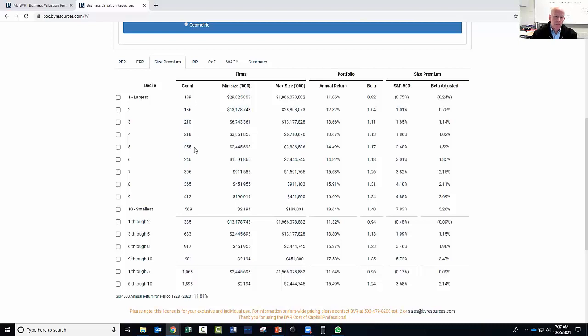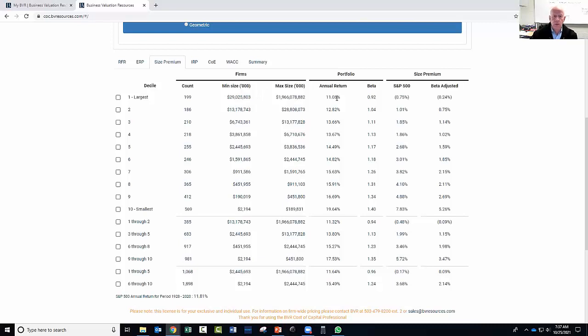This tells us the number of companies in the sampling, so the count, and then the size columns give us the size of the company in revenues each year, but these are in the thousands. So here where this says 29,025,803, it's really 29,025,803,000. So these numbers are in thousands.